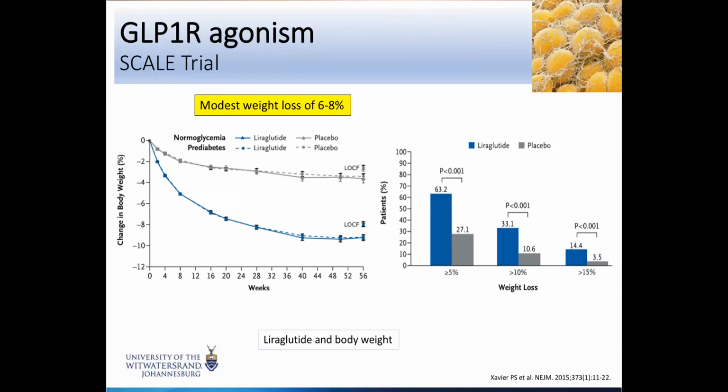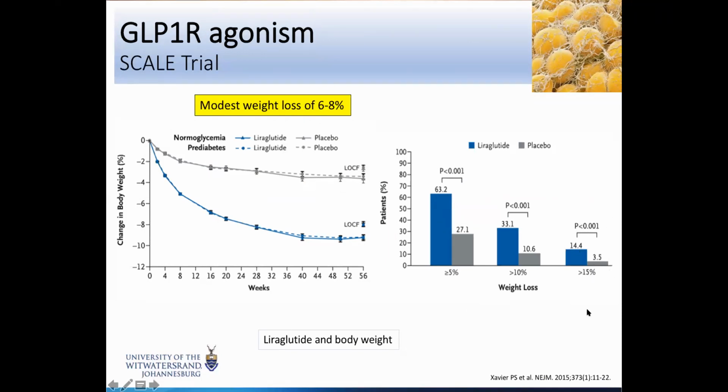But to draw your attention to the right, I think it is important because as you can see, 63% of patients had more than 5% weight loss, and a third of patients had more than 10% weight loss. Almost 15% of patients had more than 15% weight loss.